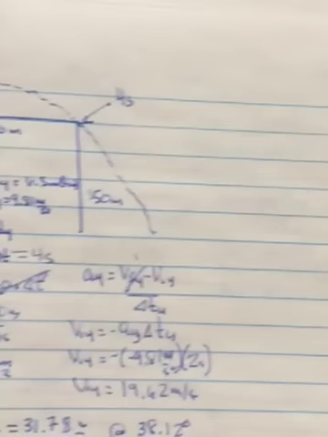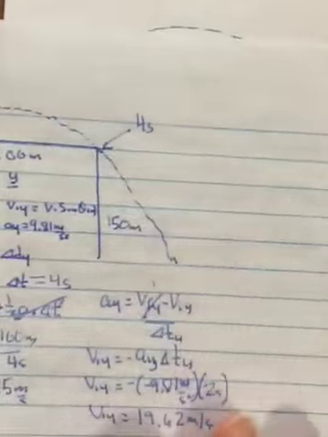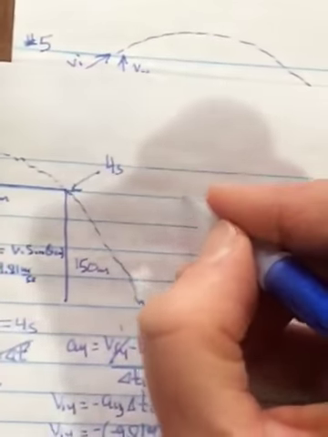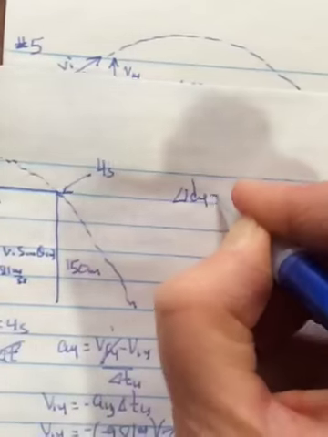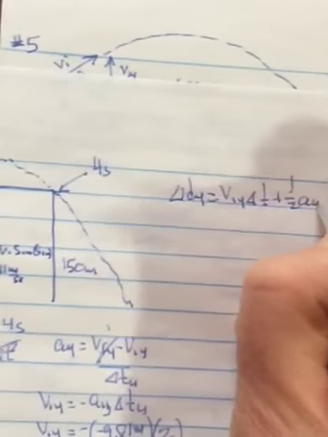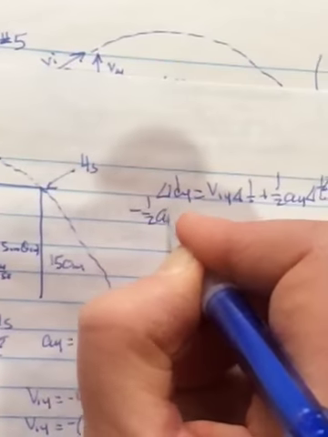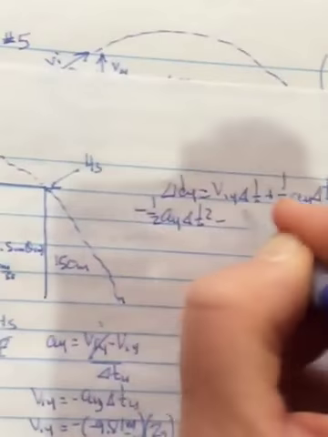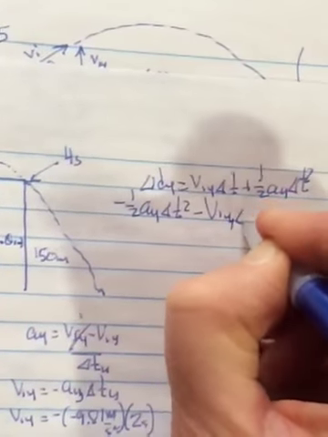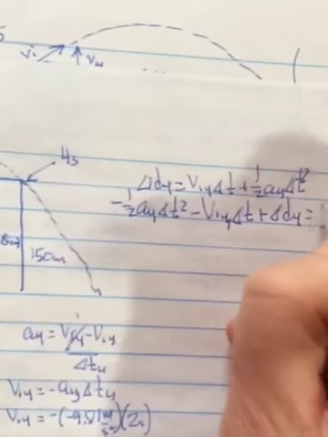All right, now it wants the other part. Now it wants you to do the whole piece. And so now you're going to have to use the quadratic to get your full time. Not bad practice for you to get used to your quadratic. So negative 1/2 AY delta t squared minus VIY delta t plus delta dy equals 0.